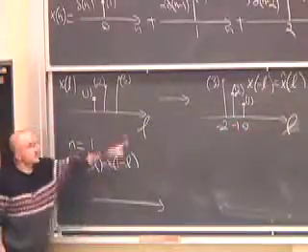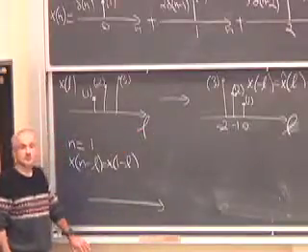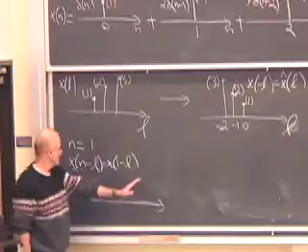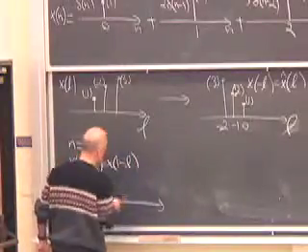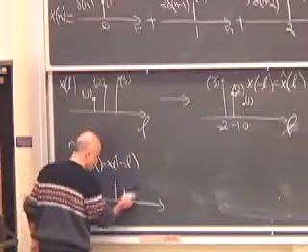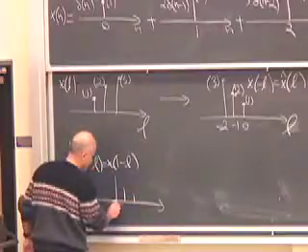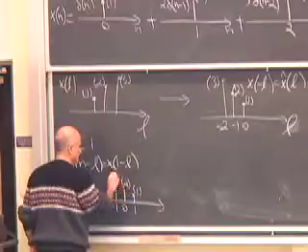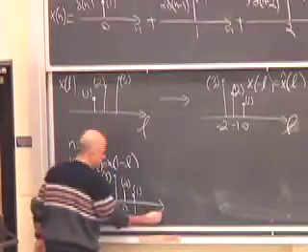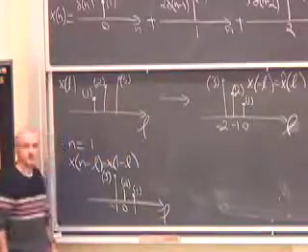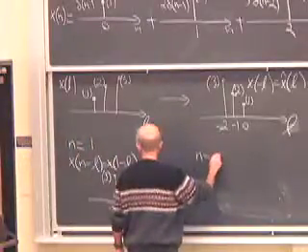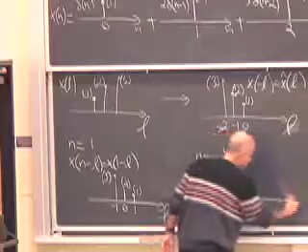What would you do with that signal? This way or that way? To the right. So I take that, and now I'm at minus 1, 0, 1, 2, 3, L.